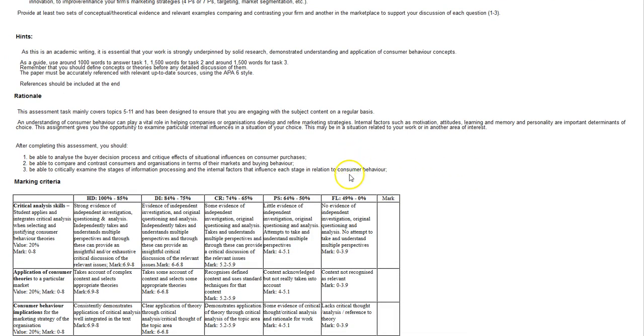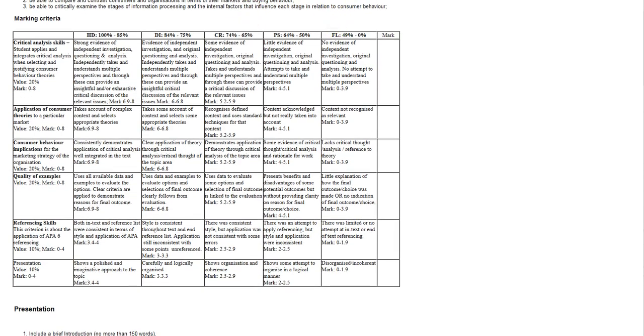So the marking criteria, you can see here, there's critical analysis skills, application, implications, quality of your examples, your referencing skills, and also presentation. In order to get a high distinction, for example, in relation to critical analysis skills, you need to show strong evidence of independent investigation, questioning and analysis.